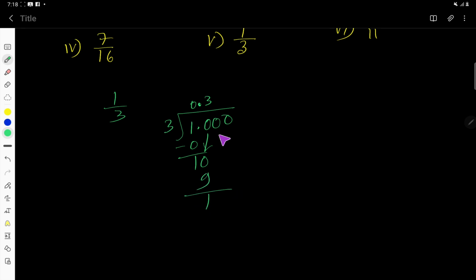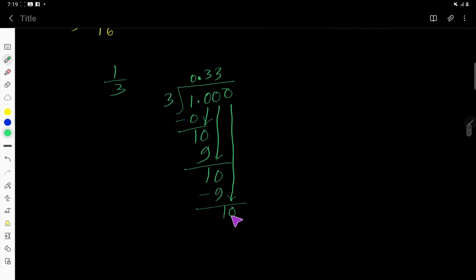If you subtract then 1, bring down the second 0, then 10. 3 goes into 10 again 3 times. 3 times 3, that is 9, subtract, 1, bring down this 0. So 3 goes into 10 3 times, then 9, 1. That is, you cannot evenly divide 1 by 3.